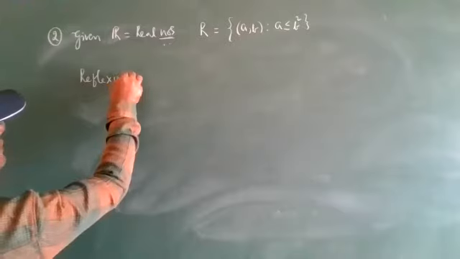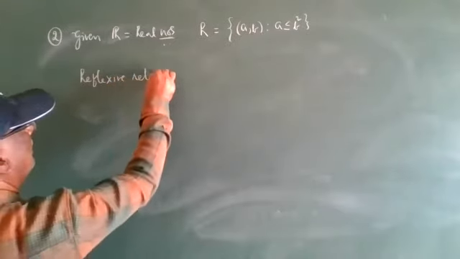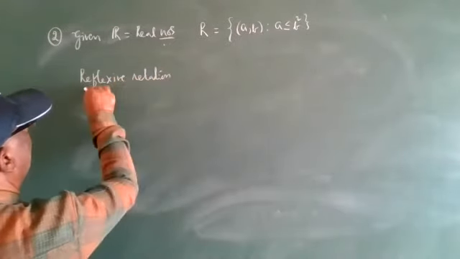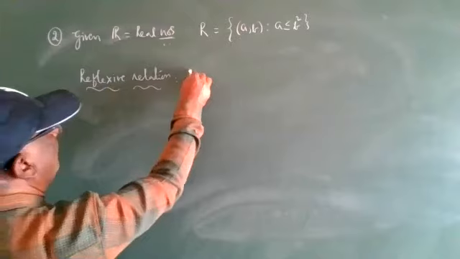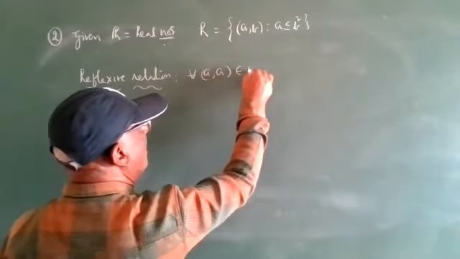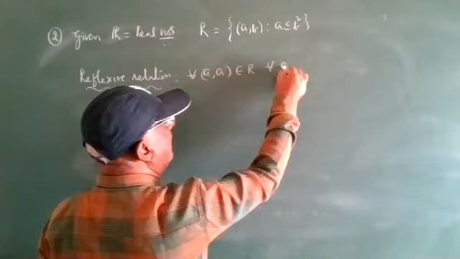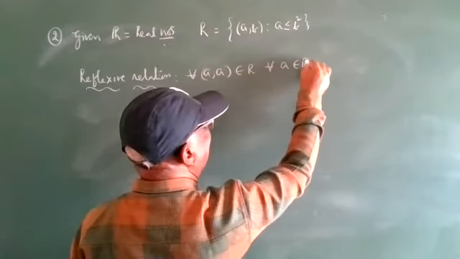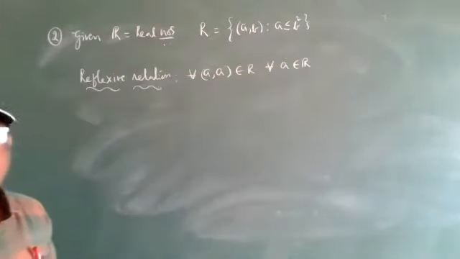Reflexive relation. First, write down the definition. Reflexive relation: for all A, the pair A comma A belongs to R, for every A belonging to the real numbers. Okay, na?